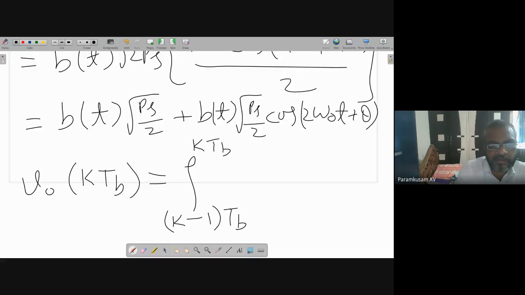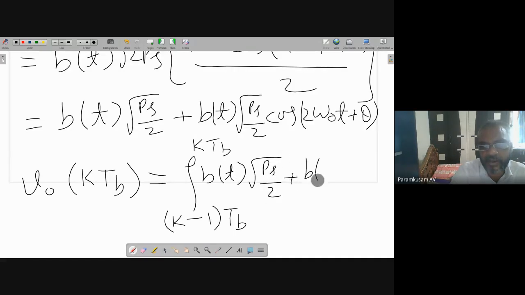You have to write b of t into root over ps by 2 plus b of t into cos 2 omega naught t plus theta dt.